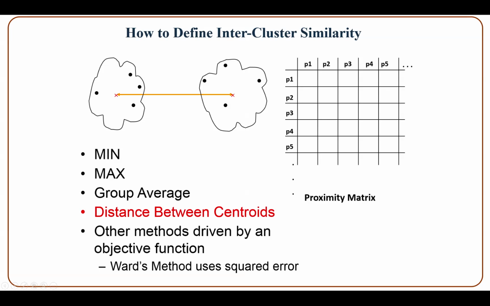Like k-means, Ward's method attempts to minimize the sum of the squared distance of points from the cluster centroids.